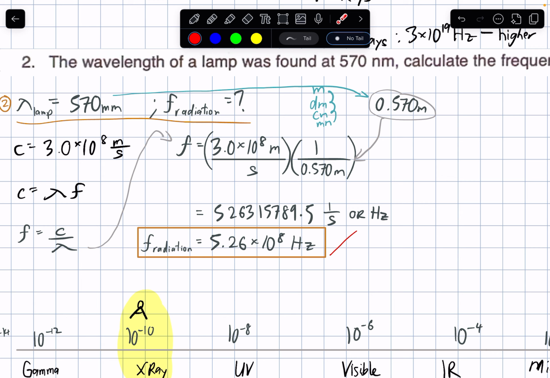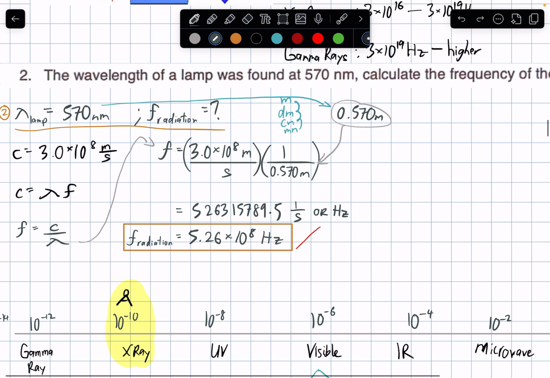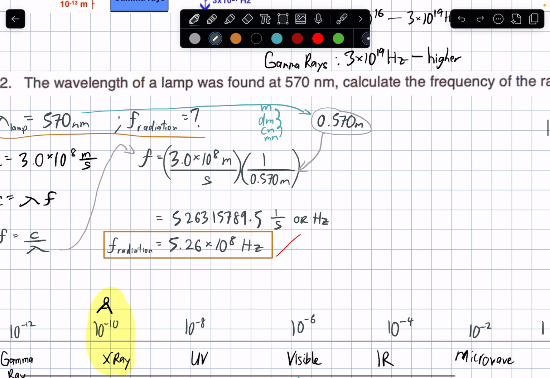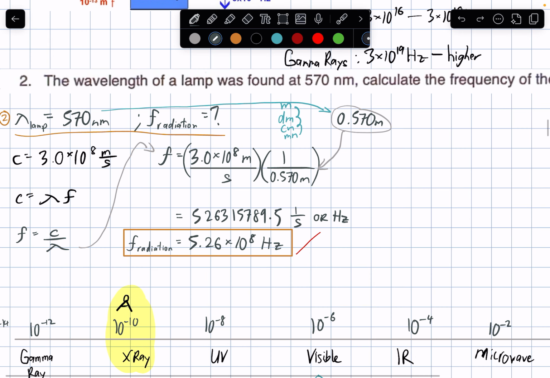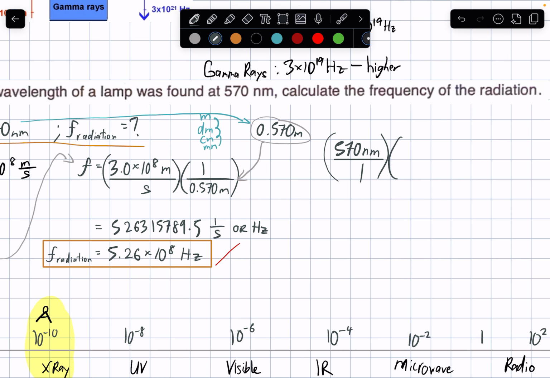So 570, this is supposed to be nanometers. You're going to have to convert this into meters. And how would you do that? It's not seen in this computation, but let me show you. Usually if you want to be faster, you don't have to do this, but just to make sure that your answer is correct, you do this.